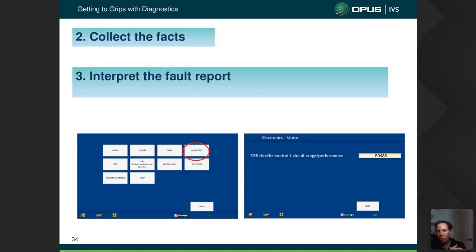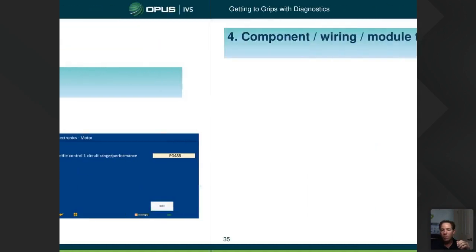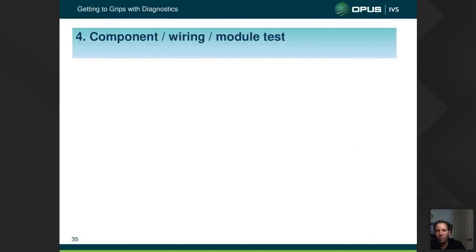So whenever we see a performance code, we're probably starting to think there's a mechanical problem here. It could physically be a blocked up valve. And if you didn't know better, you probably would put an EGR on this. But be careful in this instance, because there is a technical service bulletin on this particular vehicle: a component wiring module test.